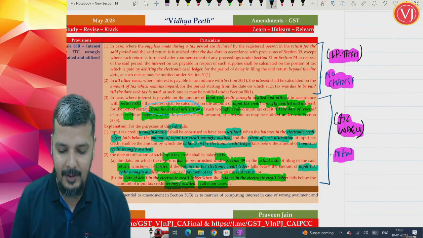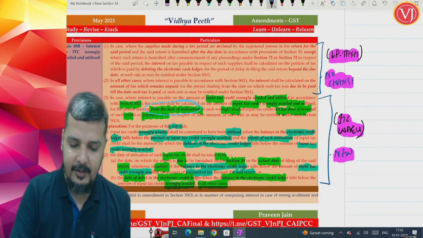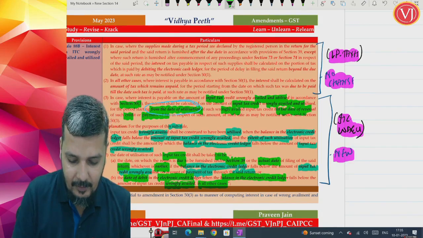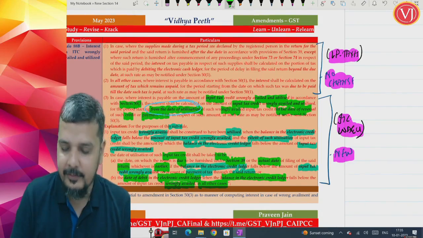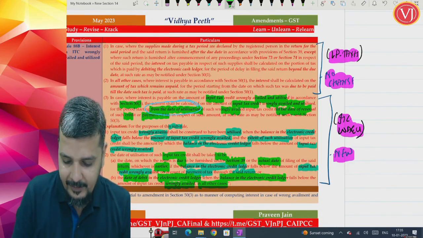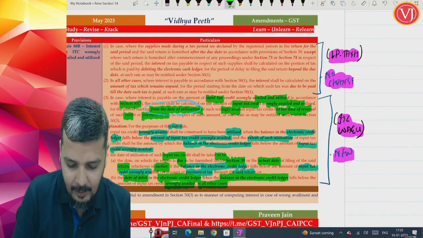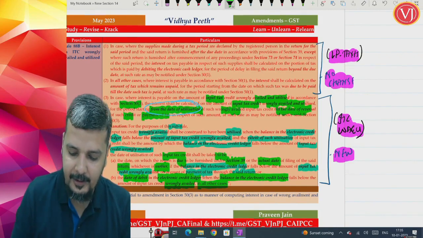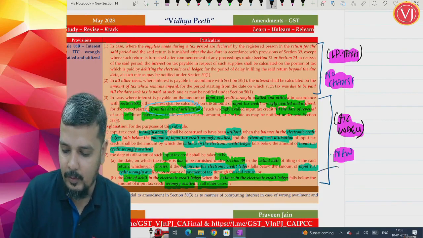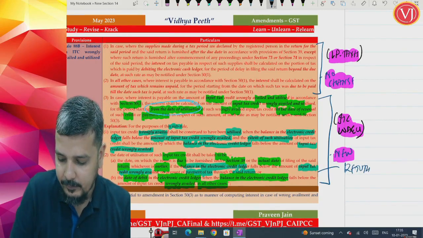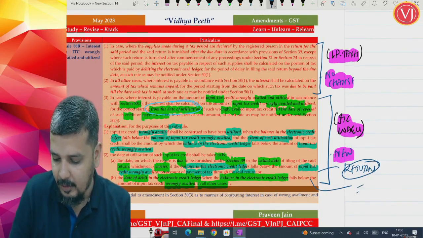So if you are reversing by way of DRC03 challan, then the date of debit in the electronic credit ledger is when the balance falls below the input tax credit wrongly availed. One is through return and the other is not through return.